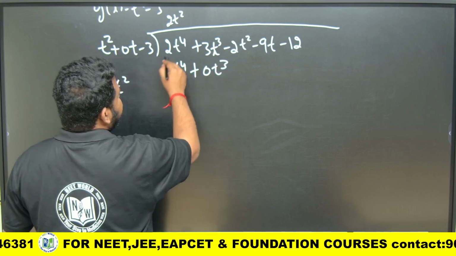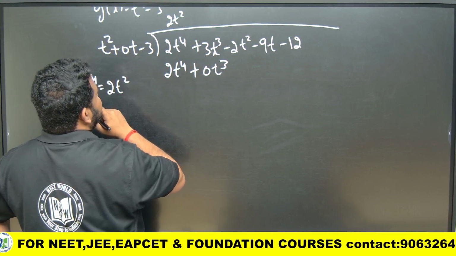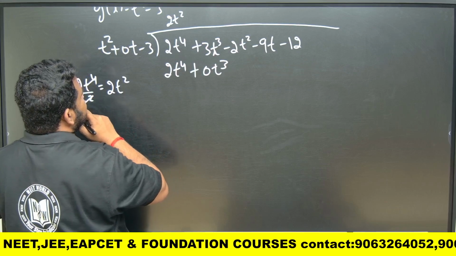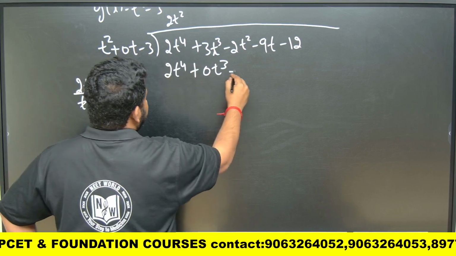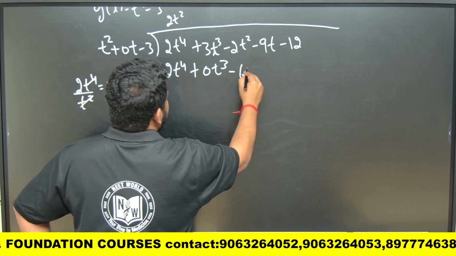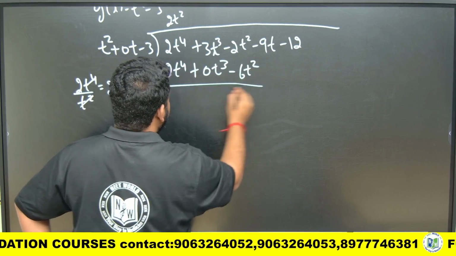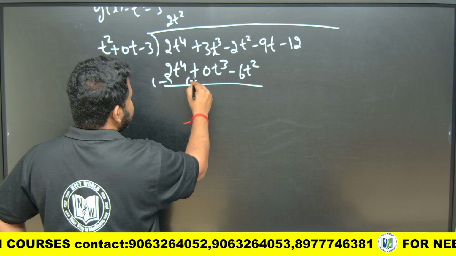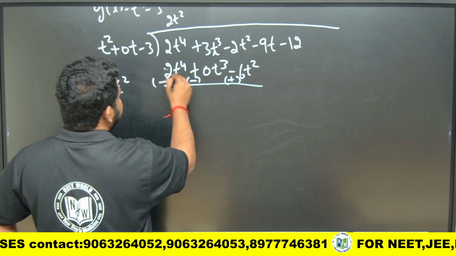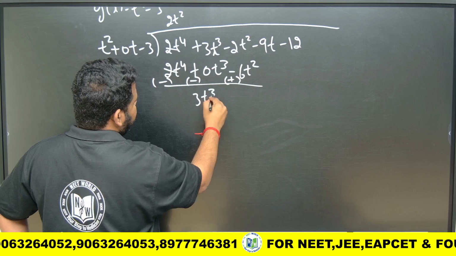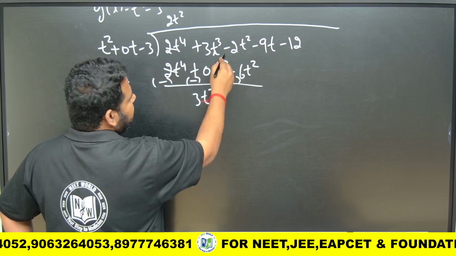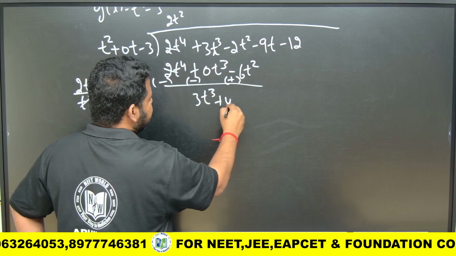But what about the 3? Minus 3 into 2t square is minus 6t square. Minus, this is plus, so this will cancel. 3t cube remains, and minus 6t square minus 2t square is plus 4t square.